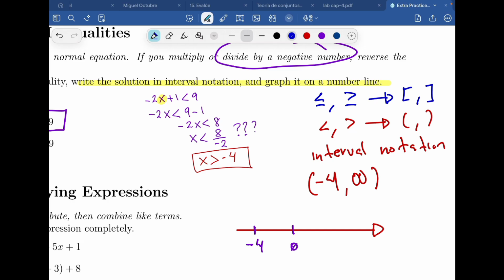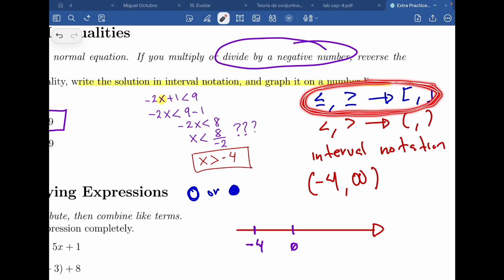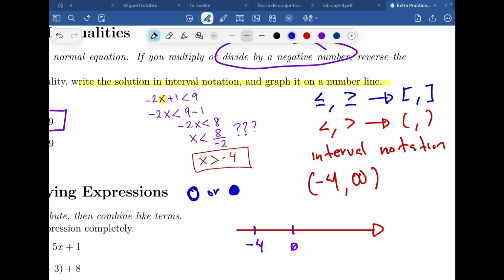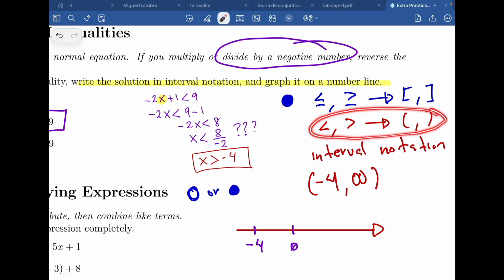We can use open circle or closed circle. When we have these situations, we use the closed circle. When you have these situations, we use open circle.